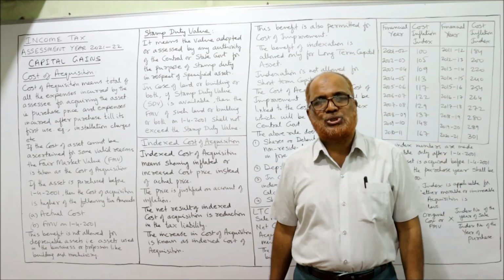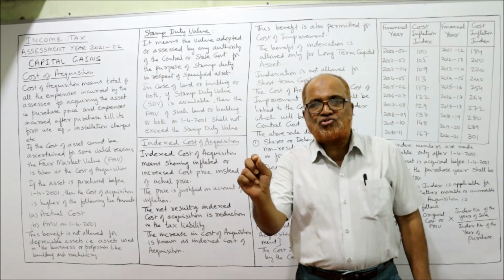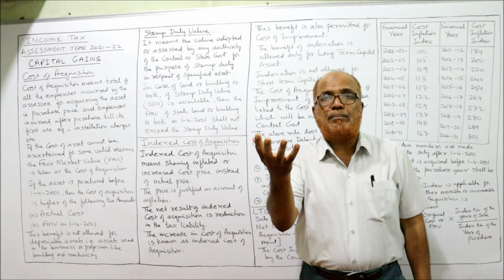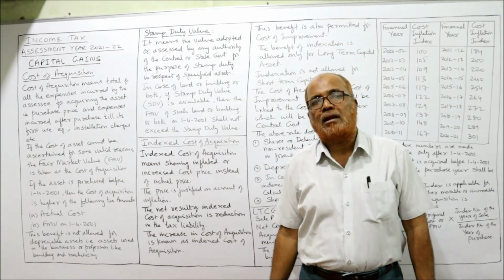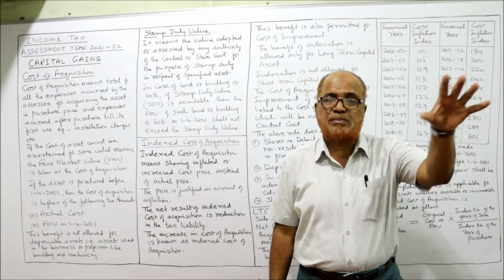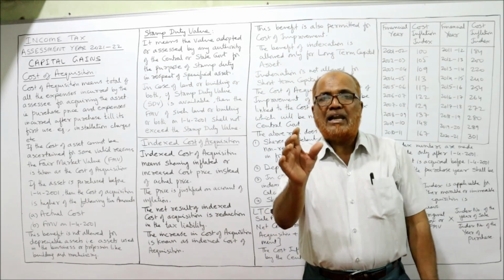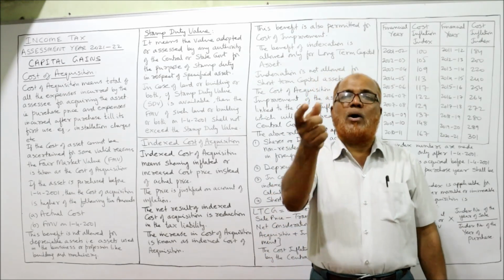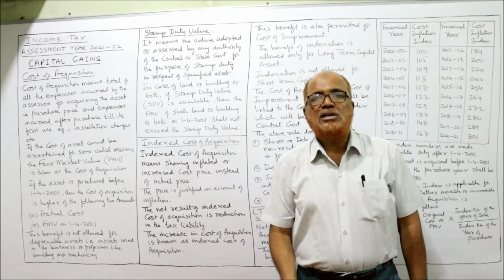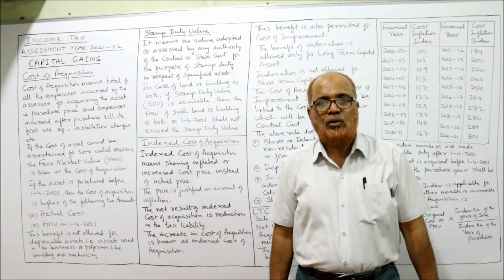Example, a building purchased. At the time of registration of the building, the stamp duty of that property will be calculated according to the authority specified by the government. So the value fixed by the authority appointed by the government is called the stamp duty value.